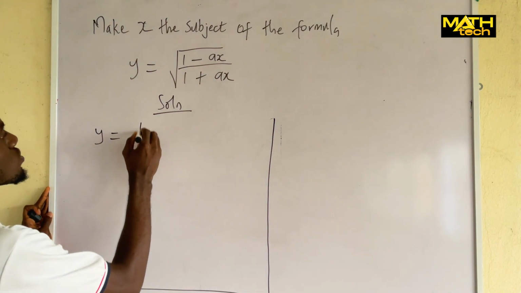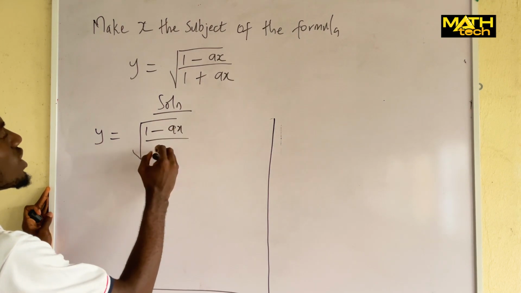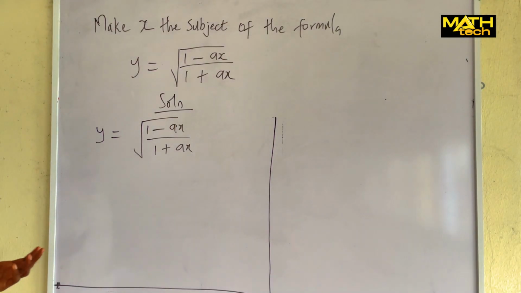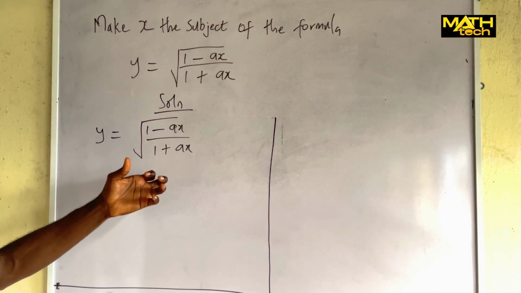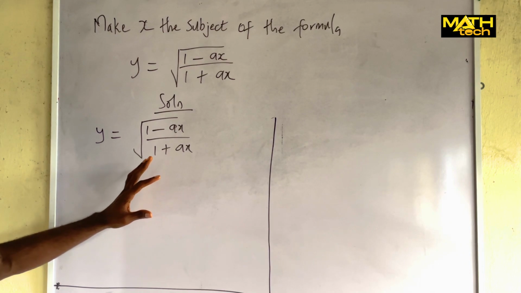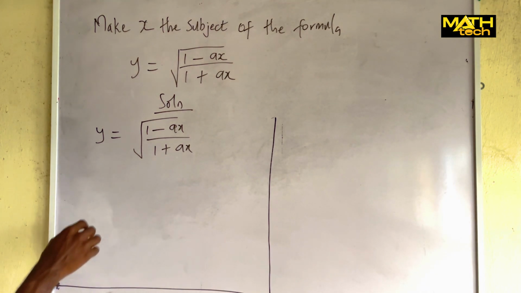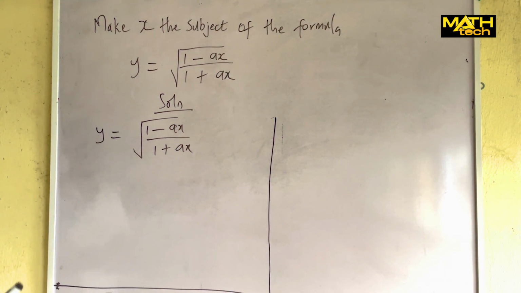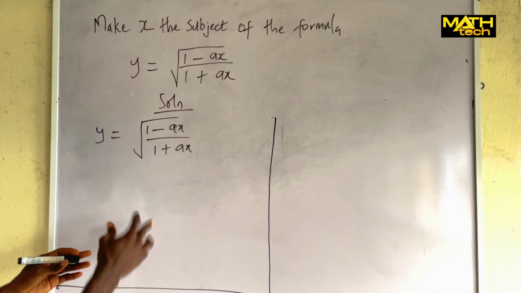The challenge most people might have is that we have x in the numerator and also in the denominator at the right hand side, bounded by the square root. So the first step is to do away with this square root so that x can be free from this bondage.